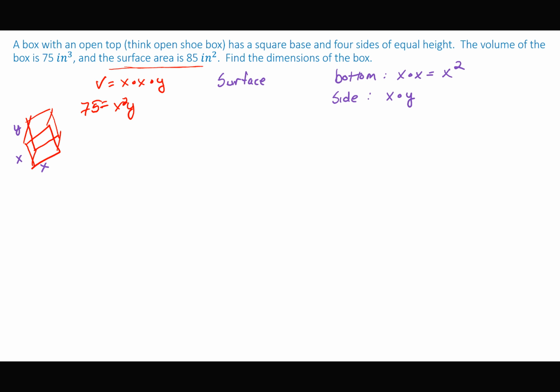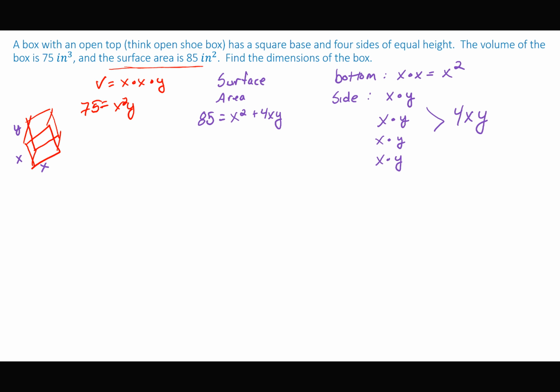But we have 4 sides going all the way around, so I have x times y 4 times. We can think of that as 4xy. So our surface area, they say, is 85. That is going to come from x squared plus 4xy. So now we have 2 equations that we can work with.